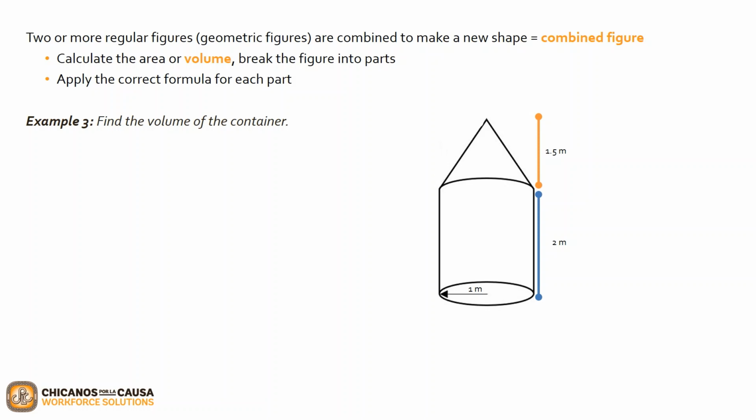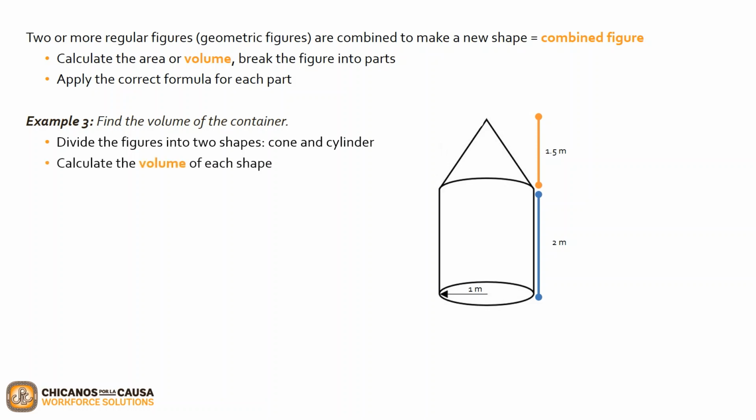Well, first things first, we have to divide the figure into 2 shapes. In this example, we have 2 three-dimensional shapes. One is the cone and the other one is the cylinder. So now we have to calculate the volume for each shape.